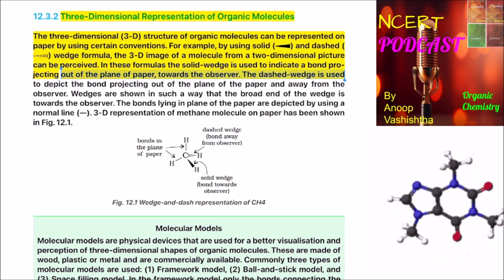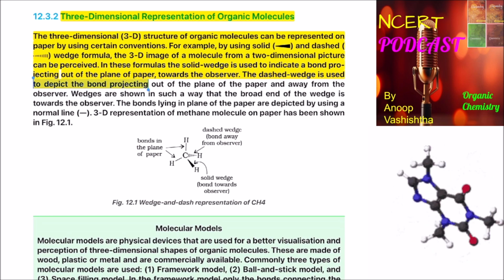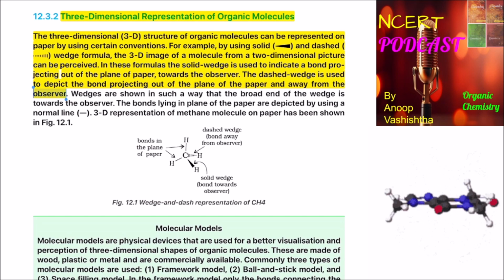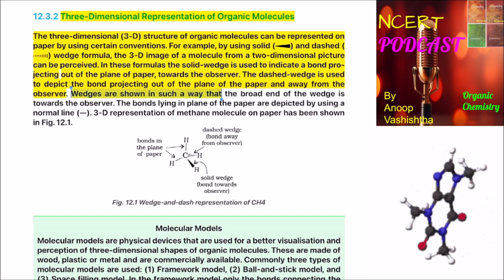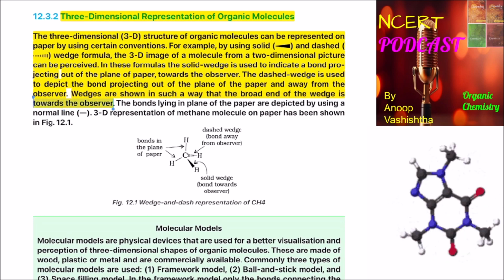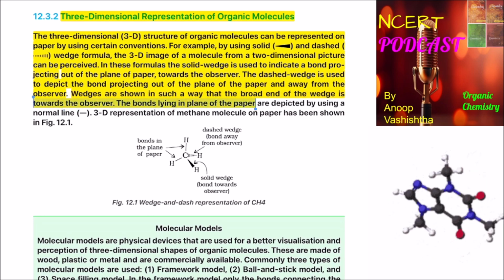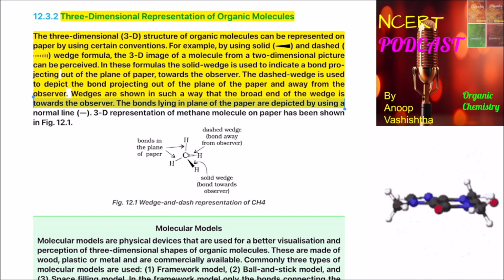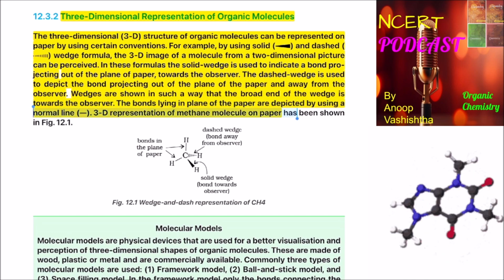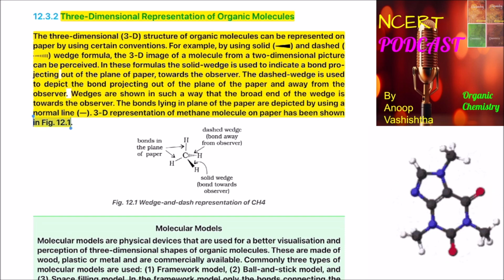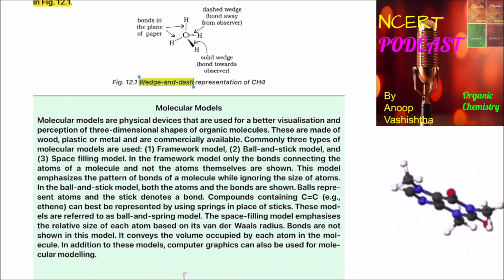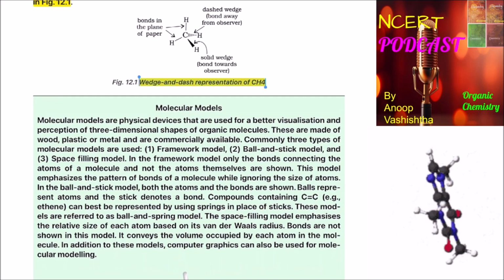The dashed wedge is used to depict the bond projecting out of the plane of the paper and away from the observer. Wedges are shown in such a way that the broad end of the wedge is towards the observer. The bonds lying in the plane of the paper are depicted by using a normal line. 3D representation of methane molecule on paper has been shown in figure 12.1. Wedge and dash representation of CH4.